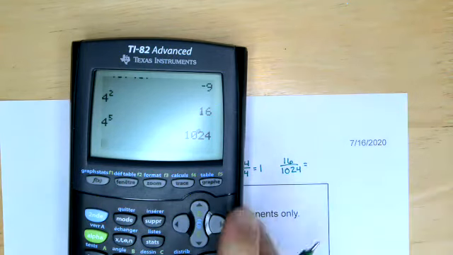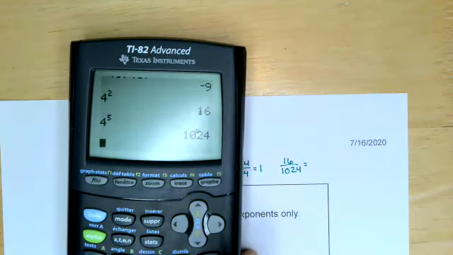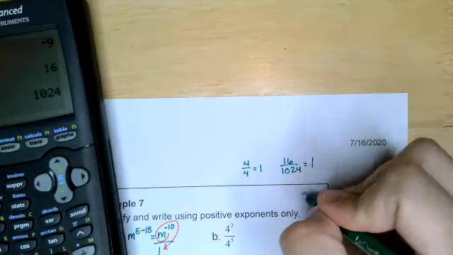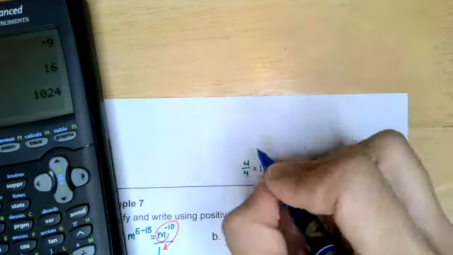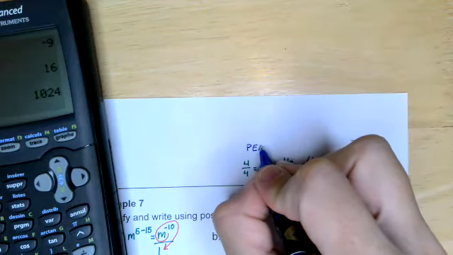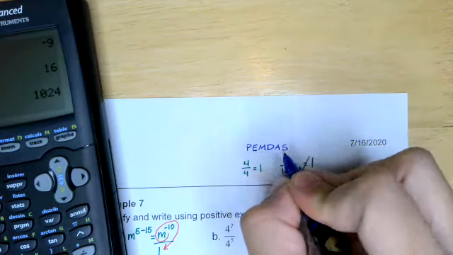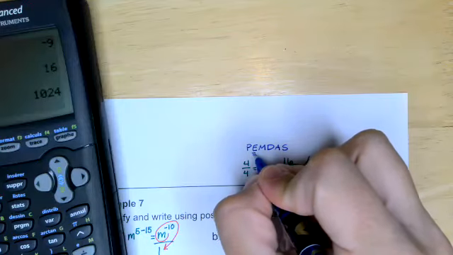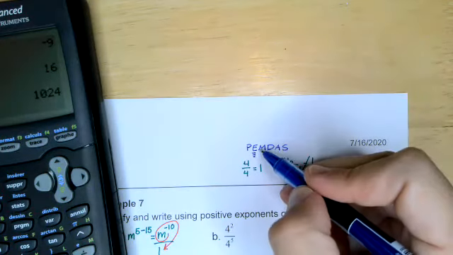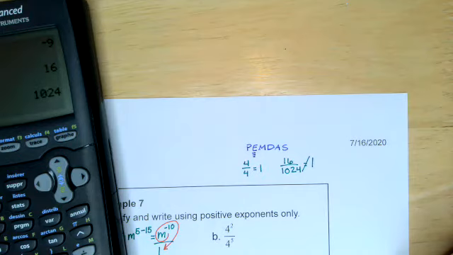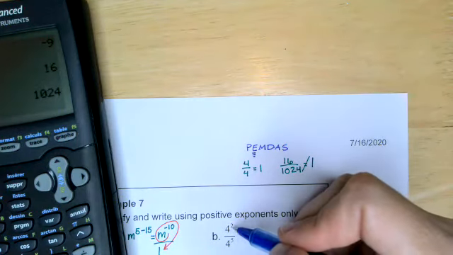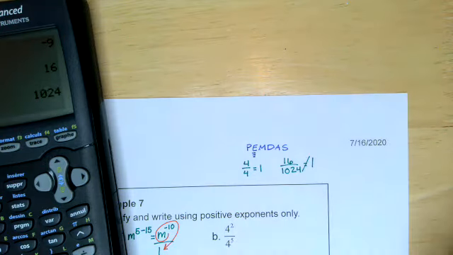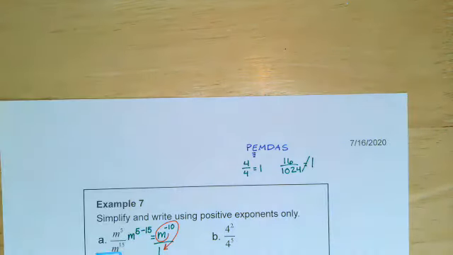So we can't just say that 16 divided by 1024 is 1. It wouldn't be, right? So that is why when we said PEMDAS, right? We want to use our exponents or simplify our exponents before we multiply or before we divide, okay? So it can't be 4 divided by 4. It has to be 4 to the 2nd power divided by 4 to the 5th power, just to make that clear.